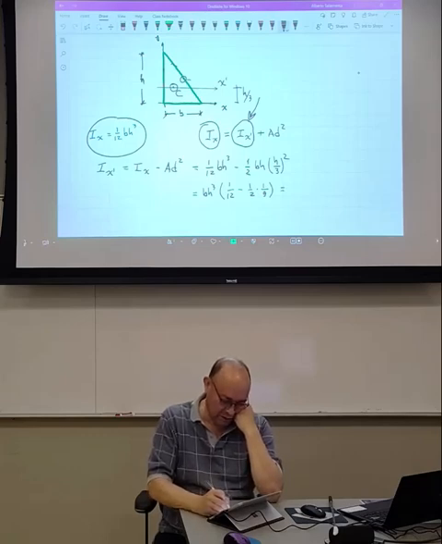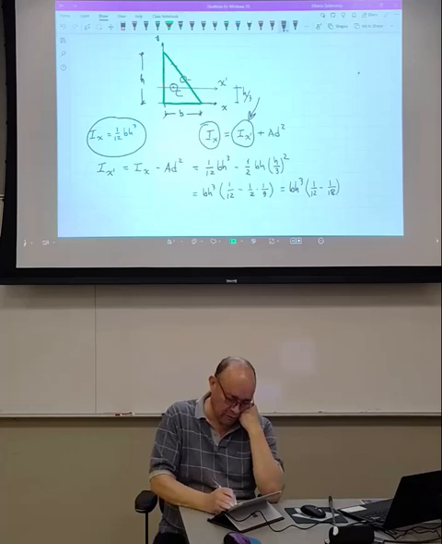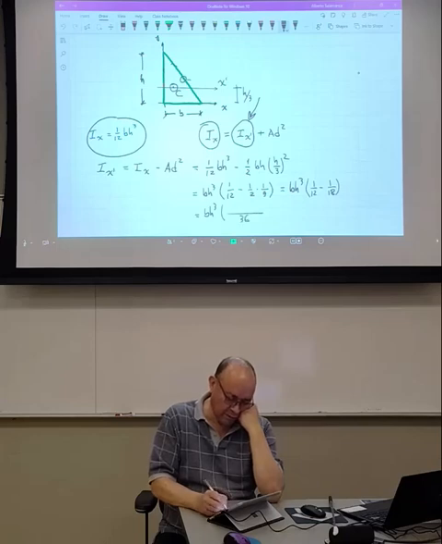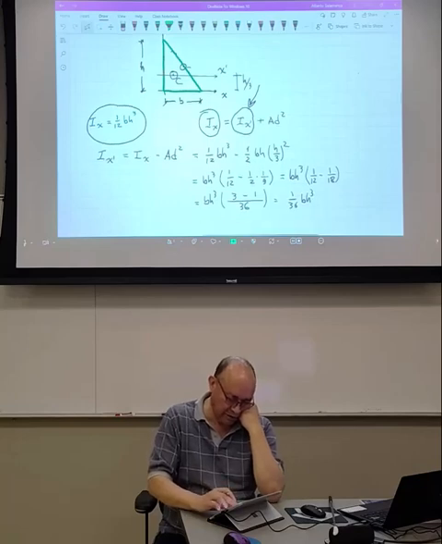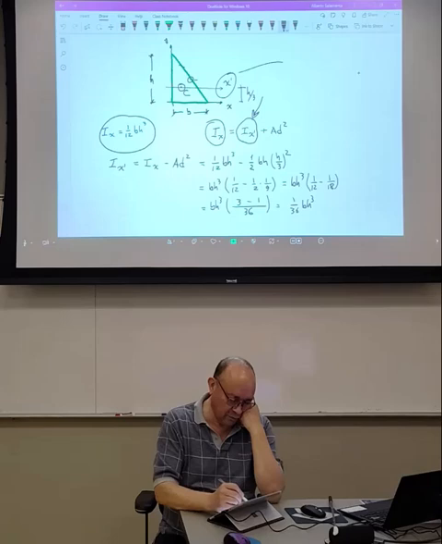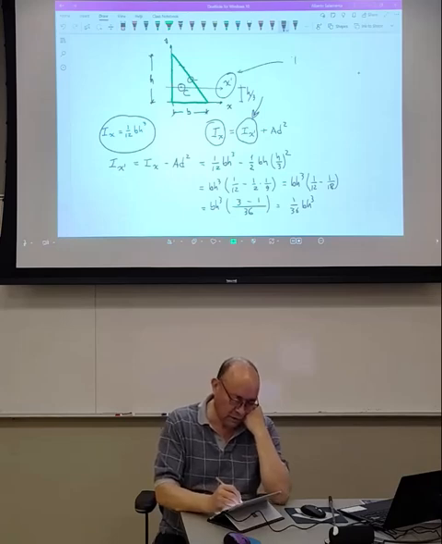So this is bh cubed times 1/12 minus 1 over 18. So this will be bh cubed, and then here we can do 36? 3 minus 1, so 1 over 36 bh cubed. So we have another formula, another formula for our warehouse: Ix prime equals 1 over 36 bh cubed.